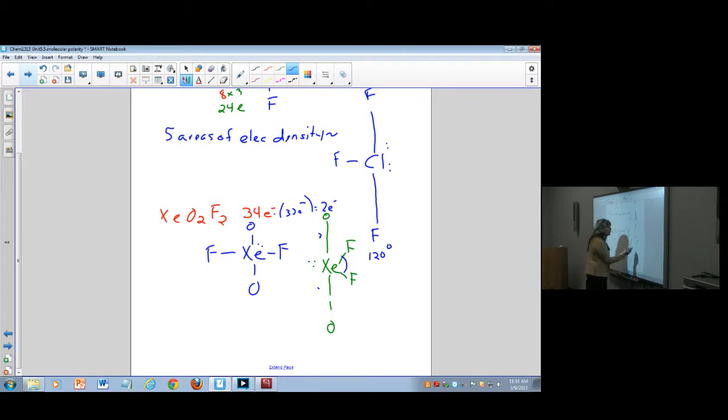But now we've got something that's less than 120 degrees. Okay, I don't know what it is. Maybe it's 118, maybe it's 117, maybe it's 119.4. I don't know, but it's something not quite 120 degrees in that ideal bond angle.